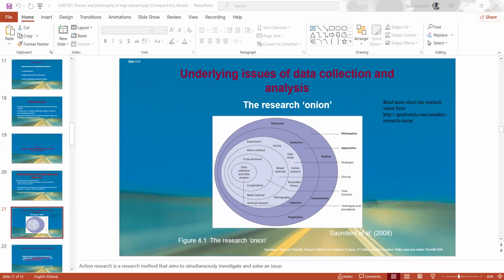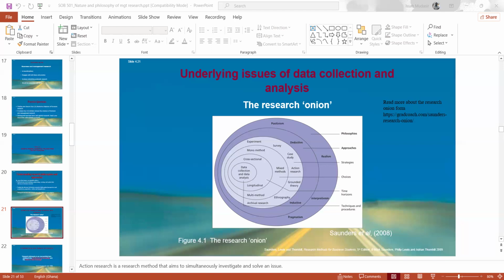Then the last piece of the onion is embedded techniques and procedures. So you now have to define your techniques and procedures for collecting data. How will the people be sampled? How many people will be sampled? What instruments do you use for the data collection?